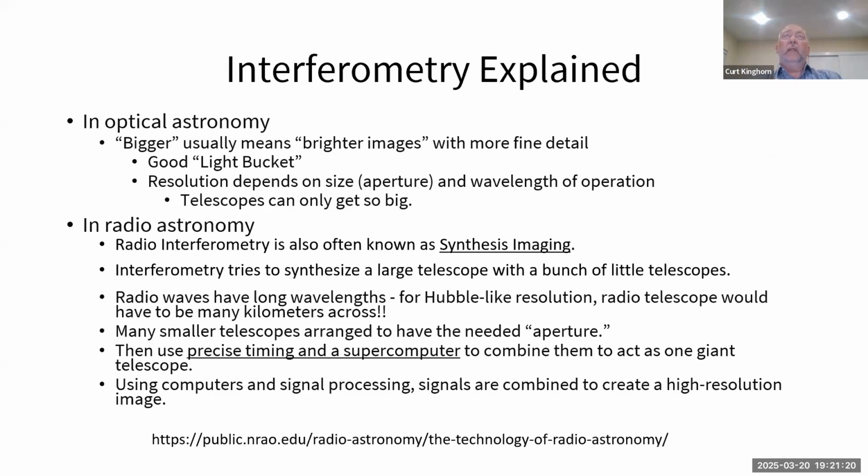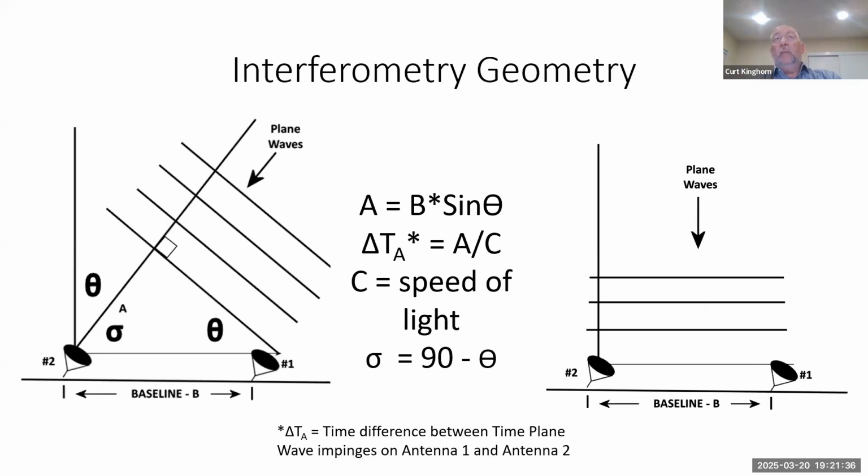So let's briefly talk about interferometry. Interferometry is what happens when one wavefront hits an antenna before another. Let me show a little picture here. Most of us have probably seen this picture before.